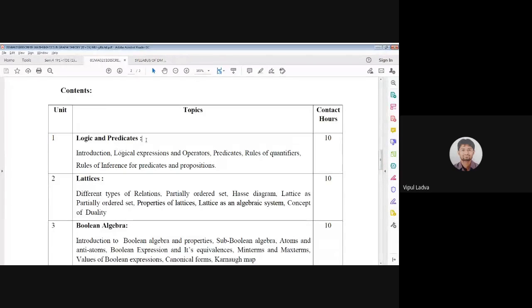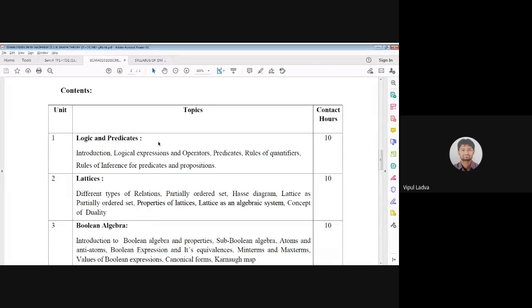The first unit, from where we will be starting our syllabus, from this lecture or maybe from the next lecture, we will start from logic and predicates. You have some knowledge of logic and predicates; it was a part of your 11th standard syllabus.